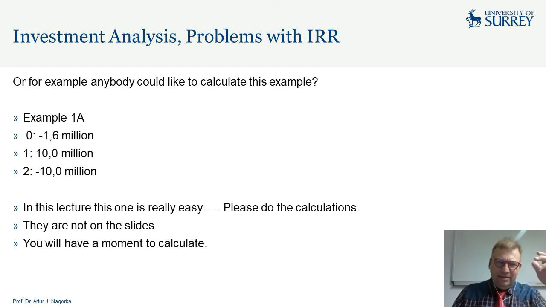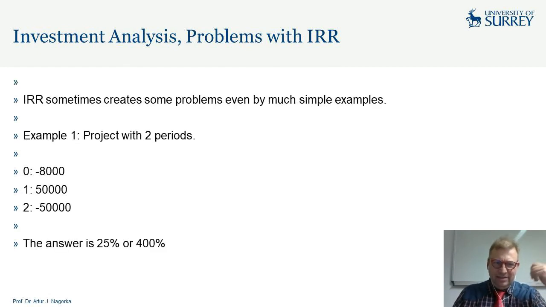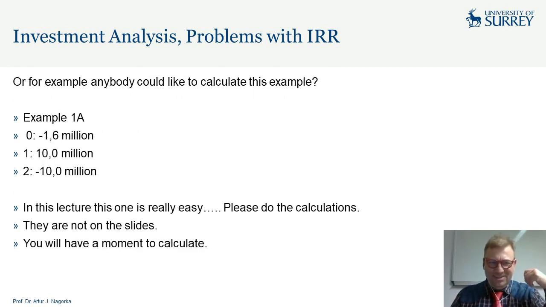In this lecture, it's quite easy to calculate this example 1a, and the answer is not on the slides. I will give you a moment to calculate. It's a tricky question, but really the answer is so fast you could not believe.